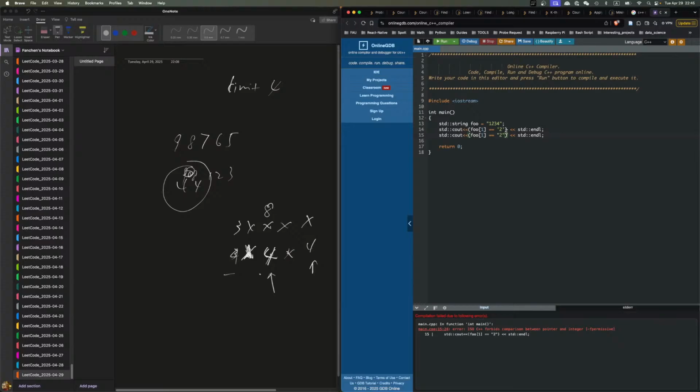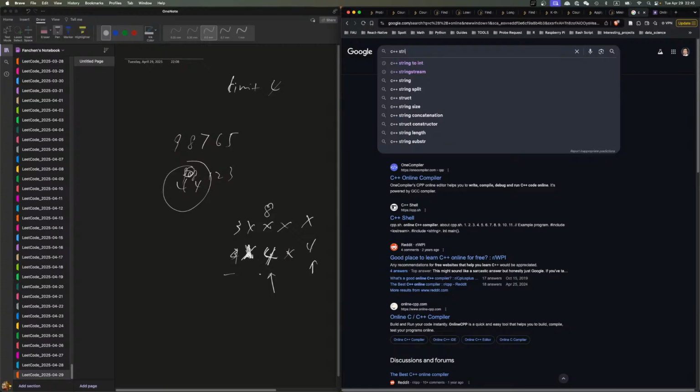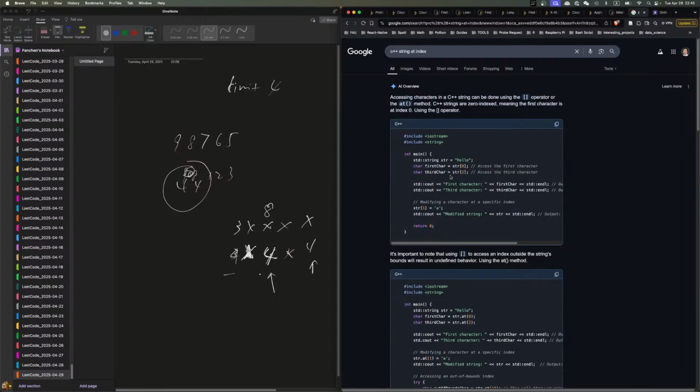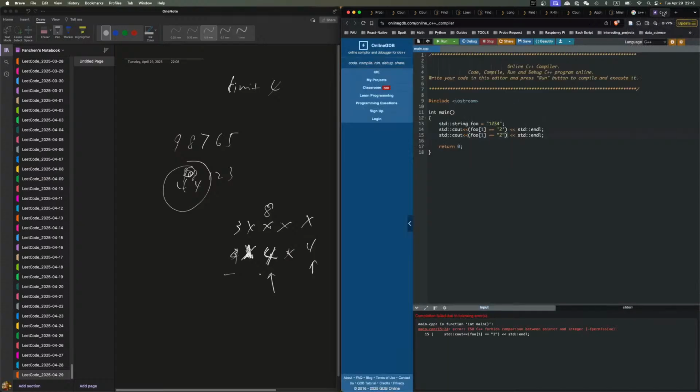Between pointer and integer. Pointer? Is it pointer? Wait. String at index. I don't understand. Like, what do you mean you cannot do that?